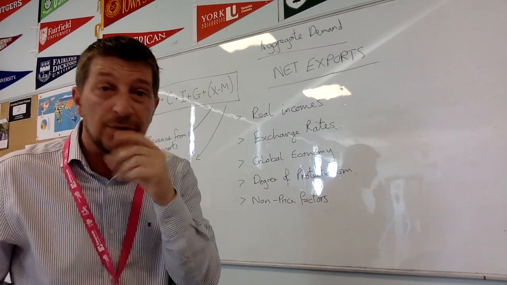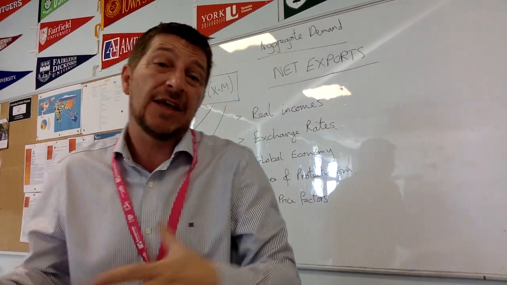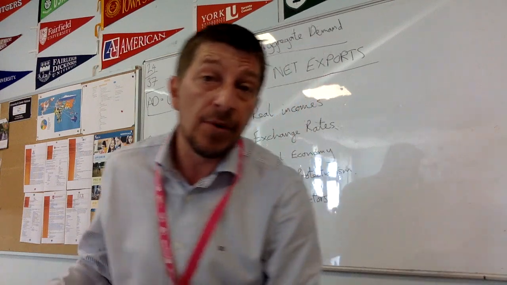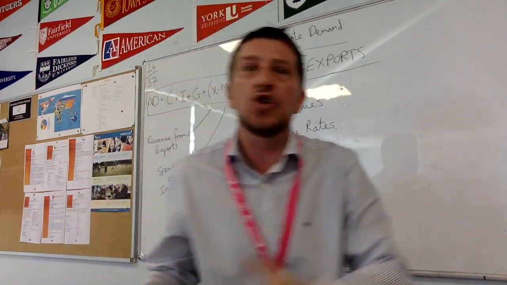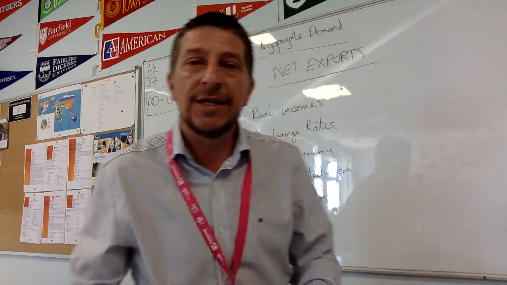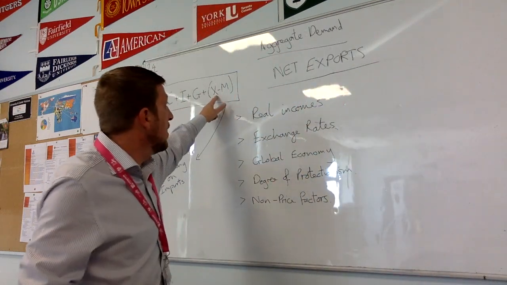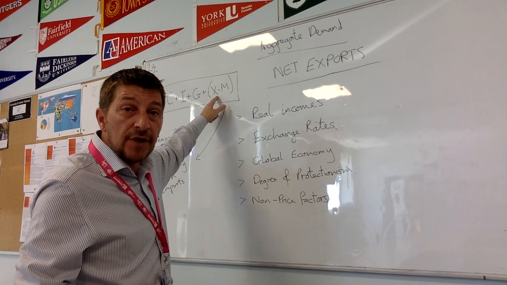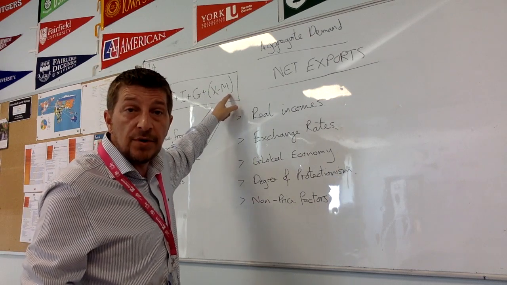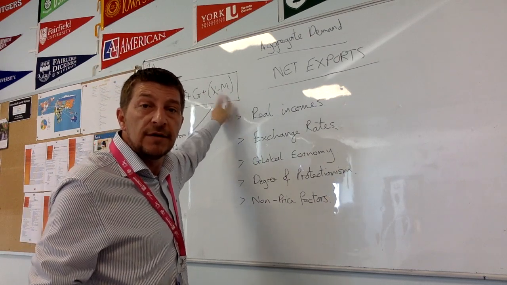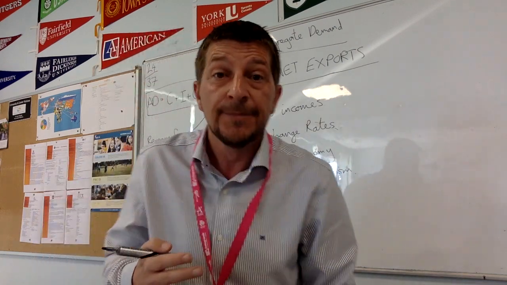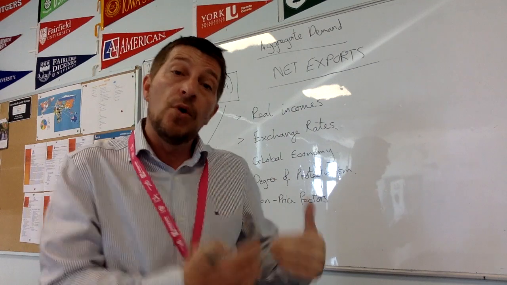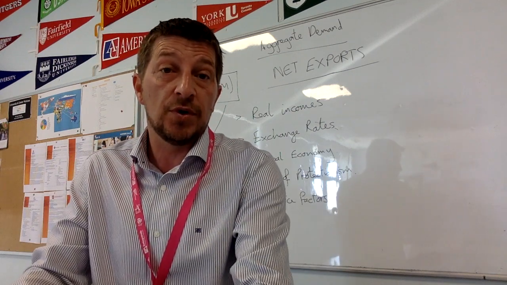Different economies will have different net exports. So I'll give you an example. Somewhere like Saudi Arabia, they export much more than they import. They import everything except for oil, but they export so much oil that they're actually receiving higher revenues from their exports than they are from their imports. So that would be a positive figure. A country like the UK, we import more than we export in the UK.